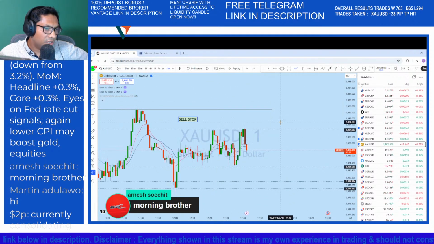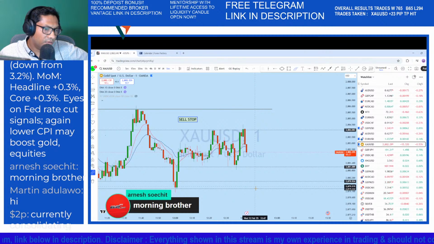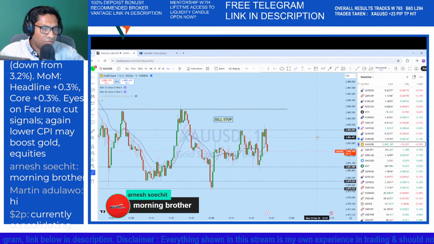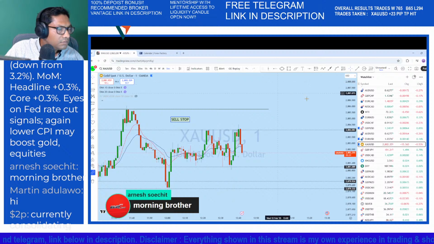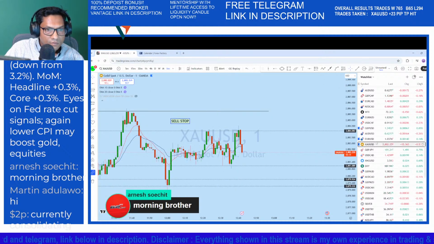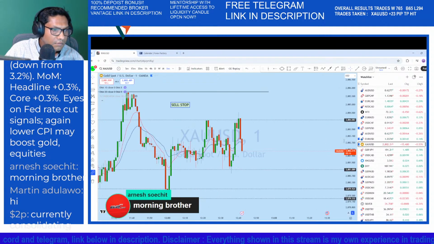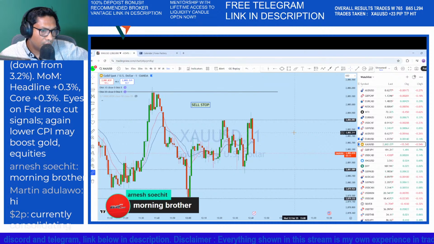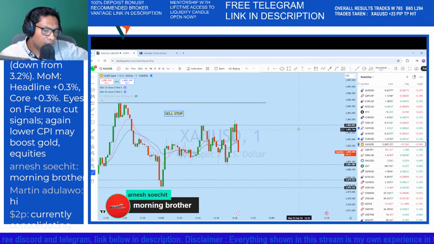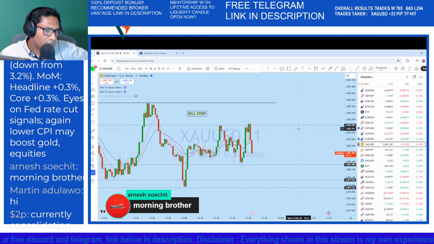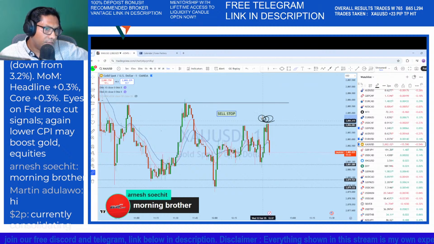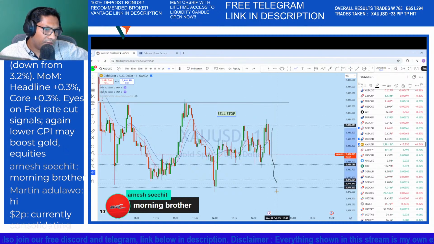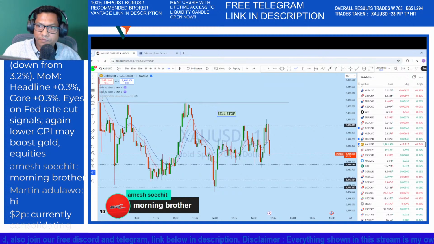Now 1 minute chart here, what we can expect for the market to come back here, we can see with this liquidity grab, we can expect for the market to trend here.